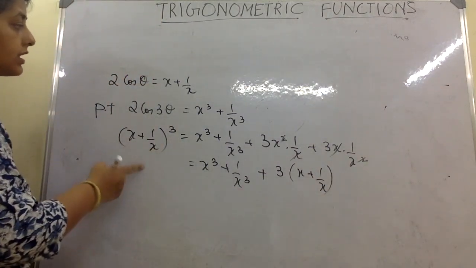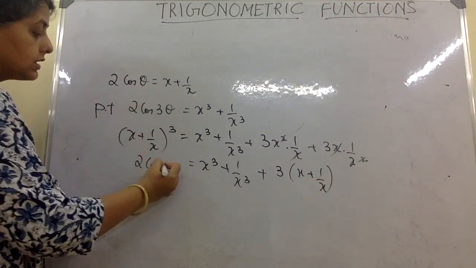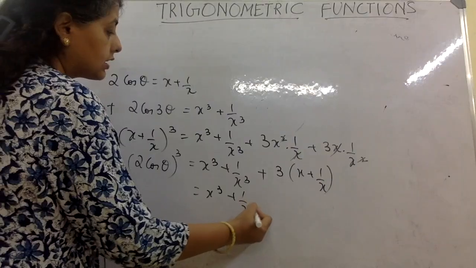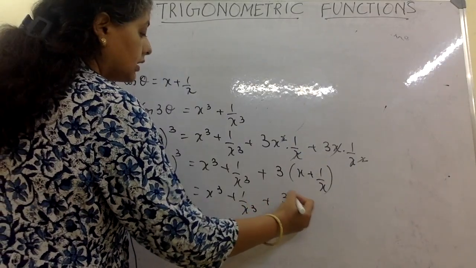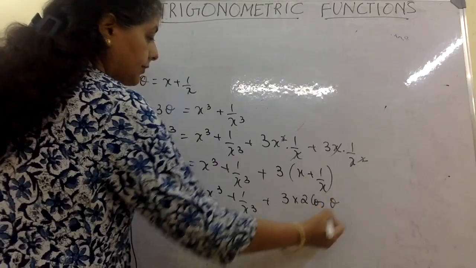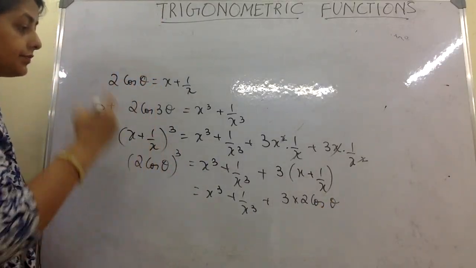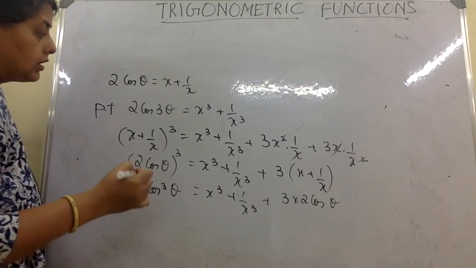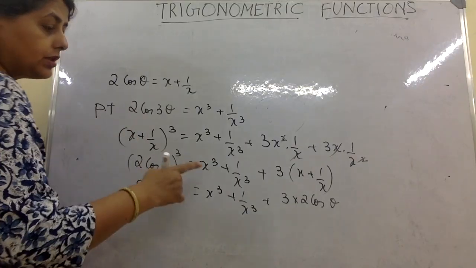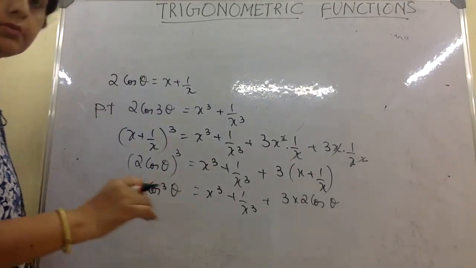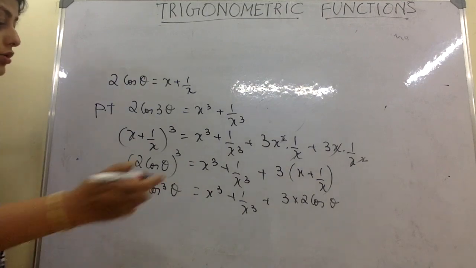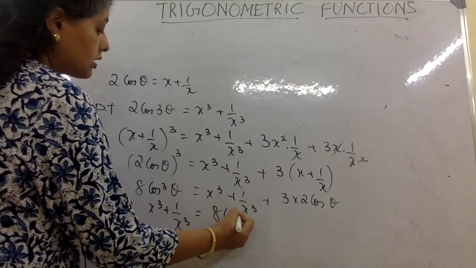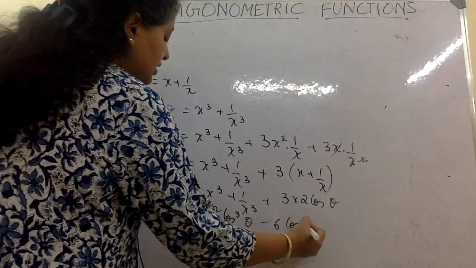Here x plus 1 by x we are going to put as 2 cos theta because this is given to us, whole cube, so 8 cos cube theta. Okay, we have reached cos cube theta. So x cube plus 1 by x cube is 8 cos cube theta minus 6 cos theta.